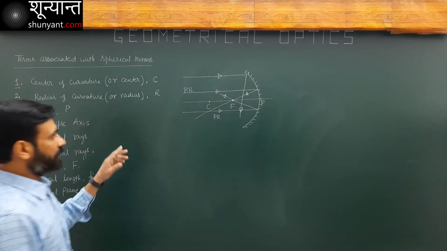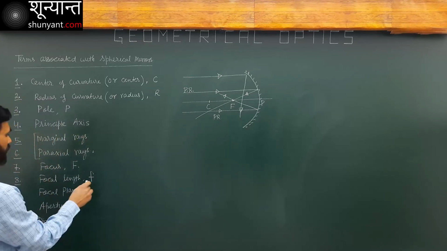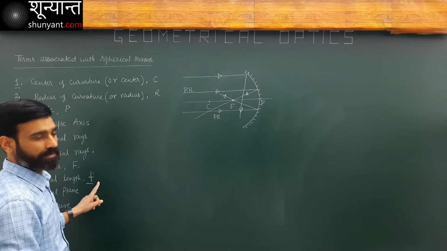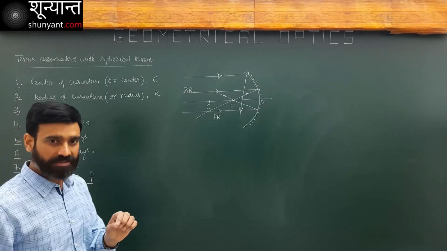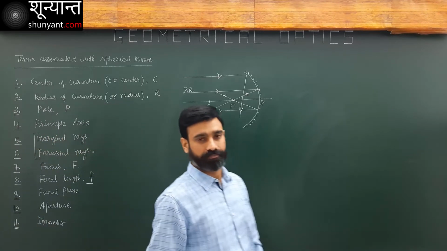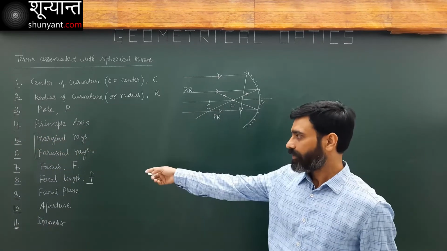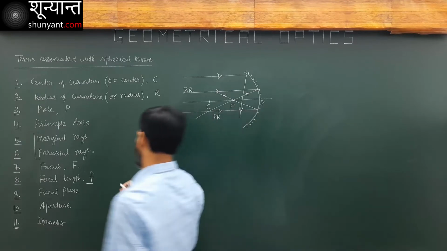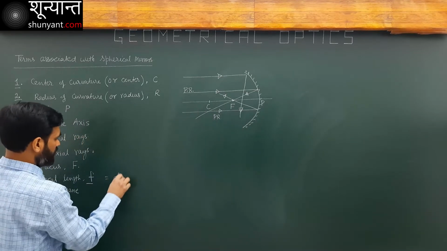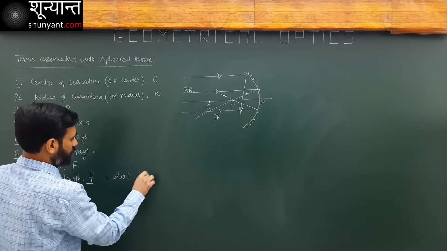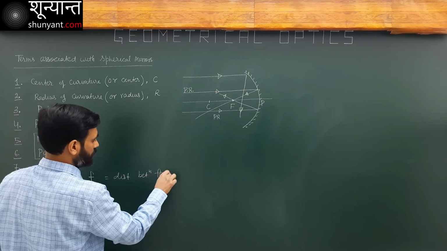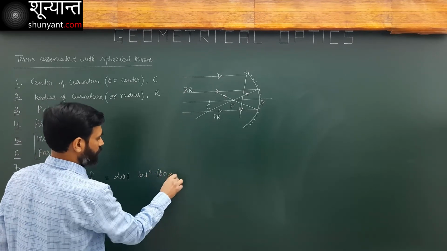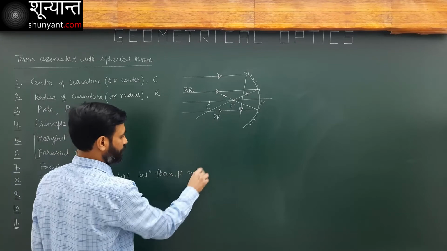Okay. Now, focal length: the distance between focus and pole. Note down, distance between focus F and pole.